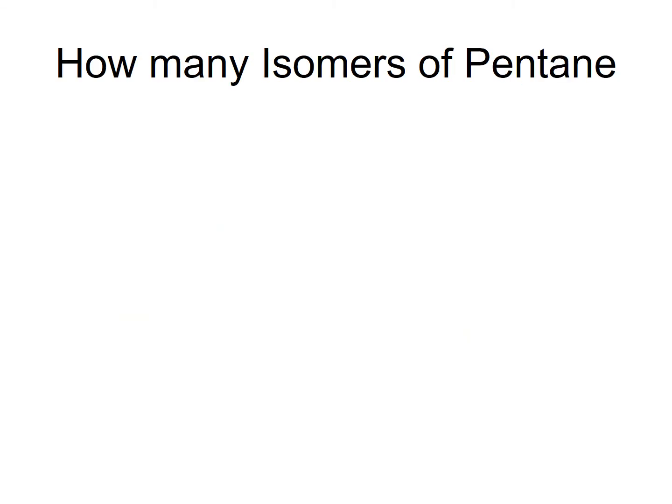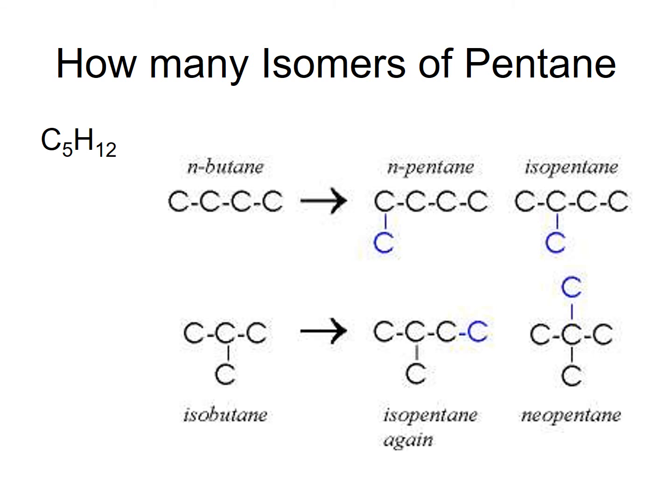How many isomers could we predict for a molecule of pentane, C5H12? Well, if we take the 4-carbon chain, which is butane, and add a carbon to the end, we get a 5-carbon straight chain called normal pentane.